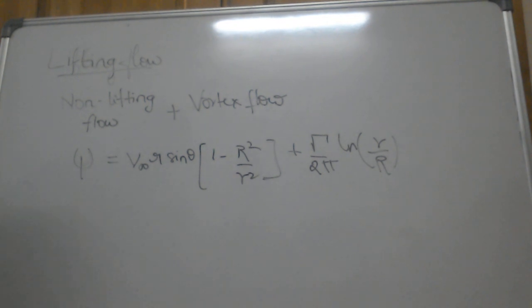So now let's proceed. Now given the stream function, we can find the velocity field associated with the stream function.